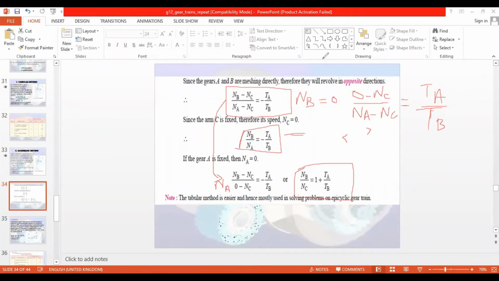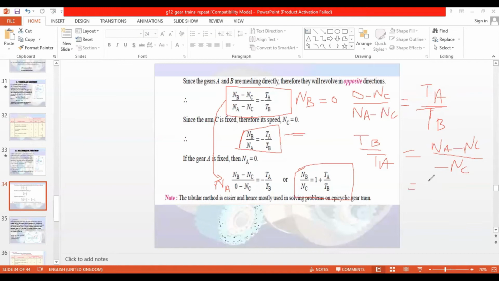And then if you solve, I will take TB upon TA equal to, right? I'm taking it upside down. NA minus NC upon minus NC, right? So here TB upon TA is equal to minus NA upon NC plus 1, right?